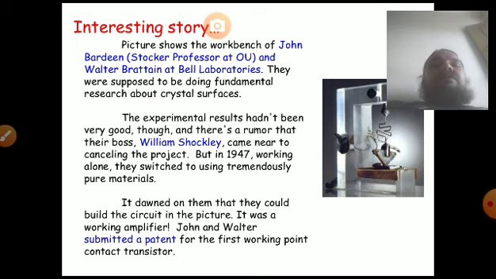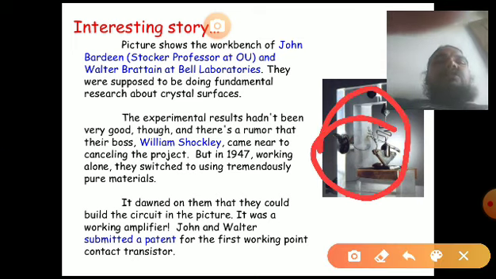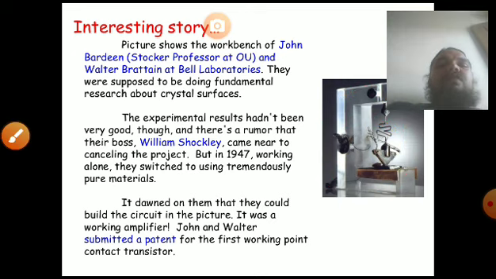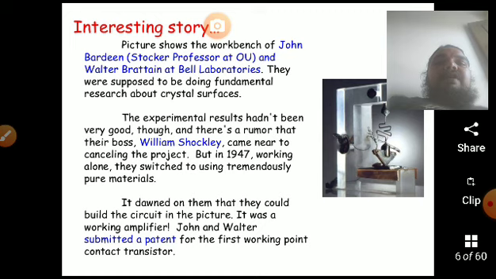An interesting story. This picture is showing the workbench of John Bardeen, a professor, and Walter Brattain at Bell Laboratories.